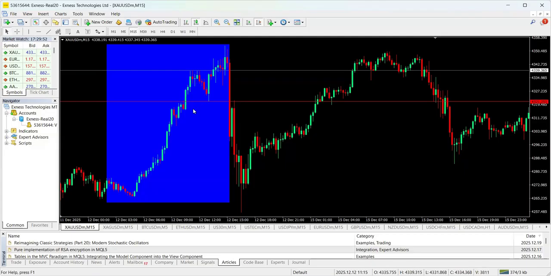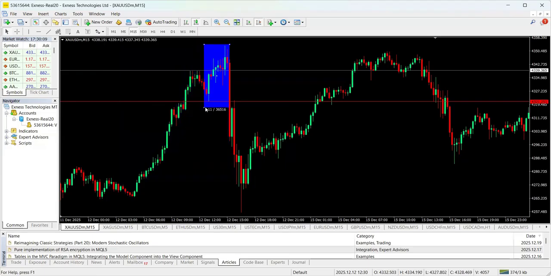Once that occurs, then the overpowering says, was there an overpowering of sellers or buyers? And what I mean is this. If you look here at this point, there is this engulfing candle, which shows us that buyers were in high control.